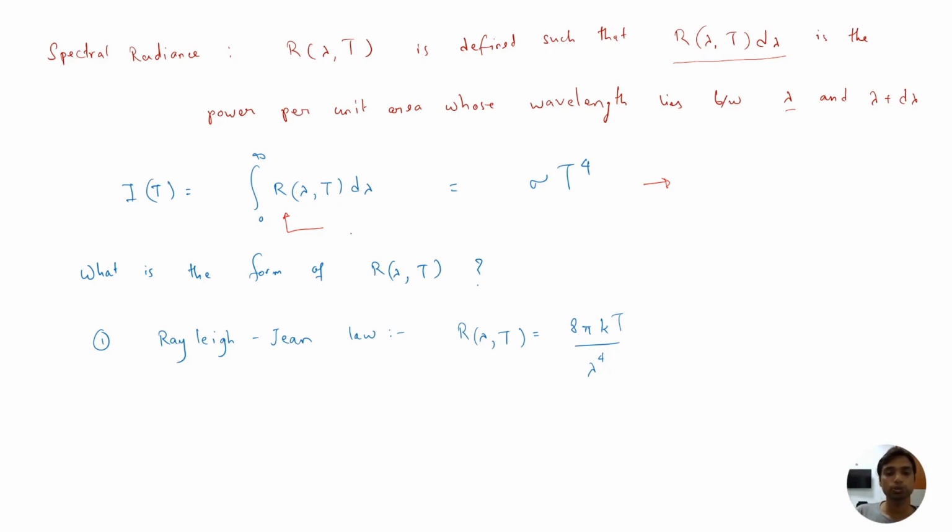From classical physics we get this expression. By classical physics we mean the Maxwell equations, where light is treated as an electromagnetic wave. Light is an EM wave.